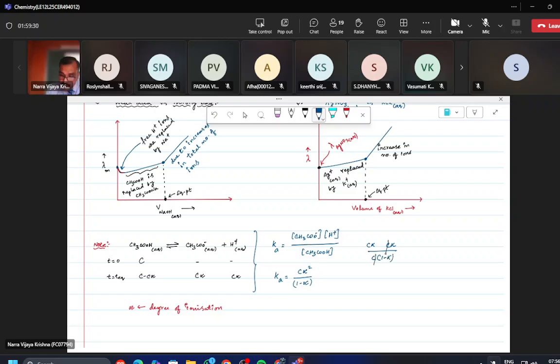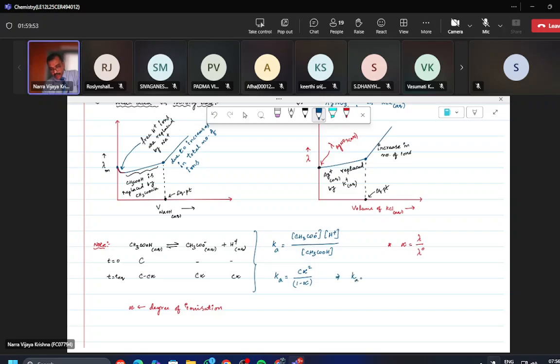Already we know alpha is equal to lambda by lambda naught. The degree of dissociation alpha equals lambda by lambda naught, as we have already seen. Substitute here. What do you get?